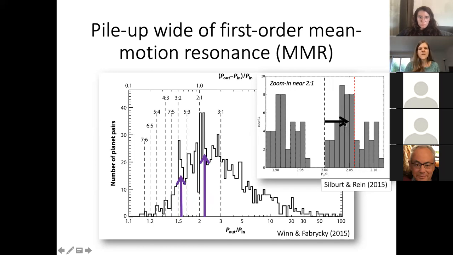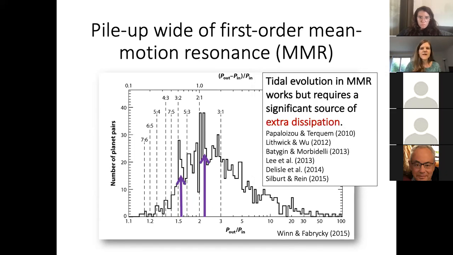But there's a problem with this picture, and that is that it requires a significant source of extra dissipation, or in other words, that the planets have to be a lot more efficient at dissipating tidal energy than it's thought that they should be. So we're in need of some extra source of dissipation that is a couple order of magnitude effect. And so maybe you can anticipate where I'm going to go to hypothesize for this extra source of dissipation.